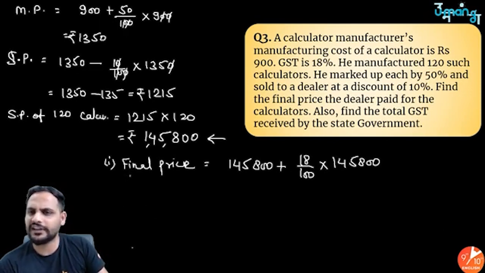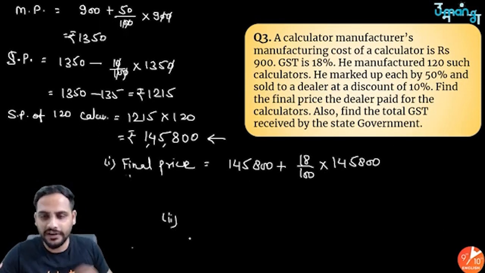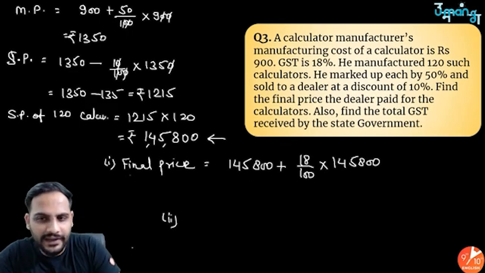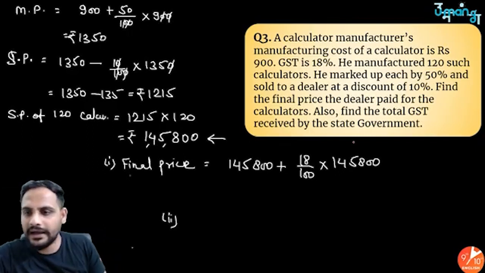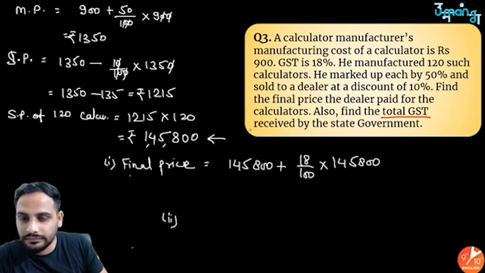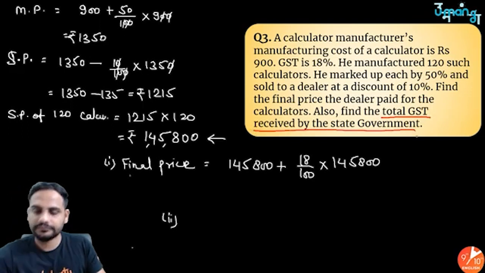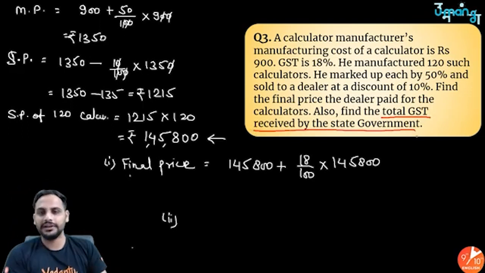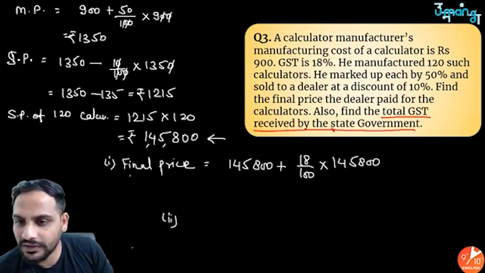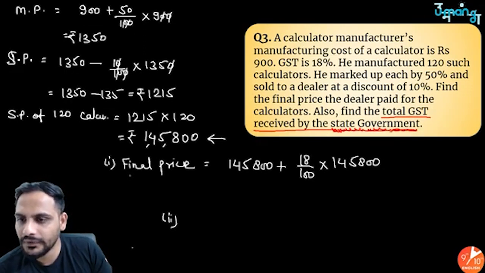Next question. This calculation you can do; I am more interested in the second question. Read carefully. It is saying find the total GST received by the state government. Remember the main thing: received by the state government. The state government will receive only SGST.